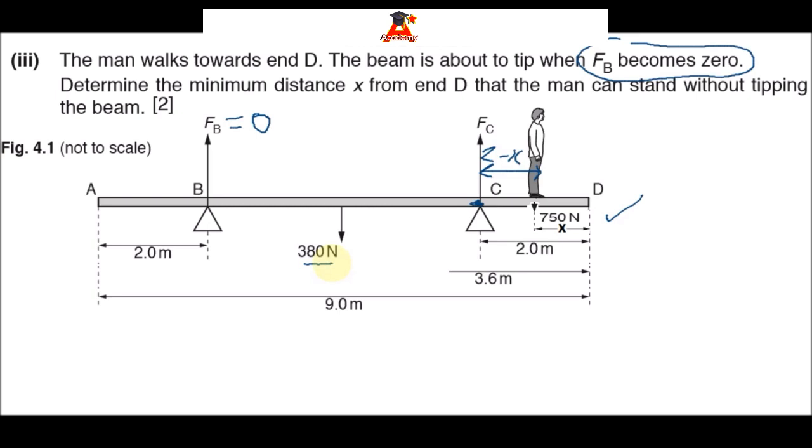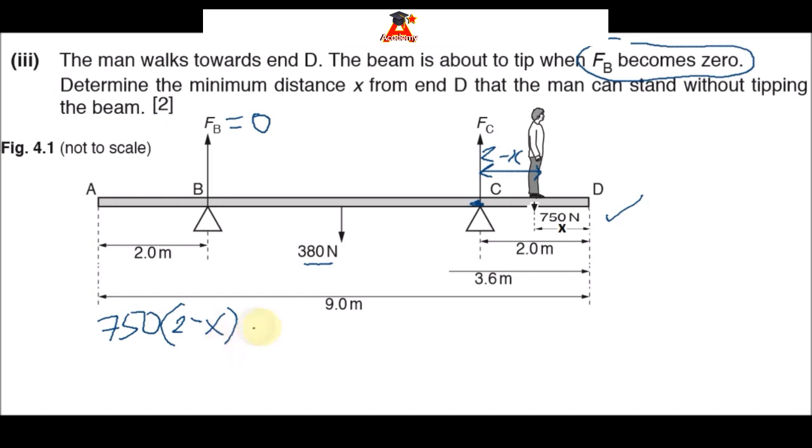The clockwise moments are 750 times a distance of 2 minus x.